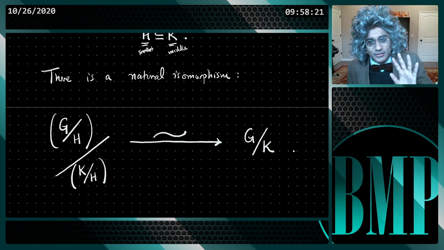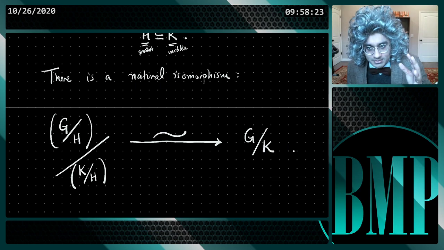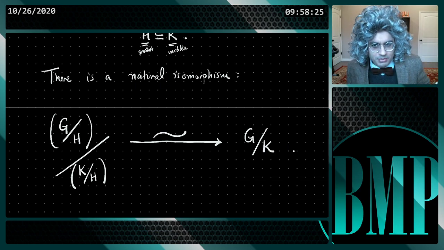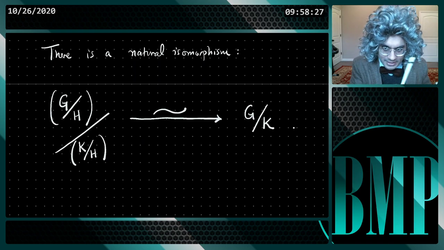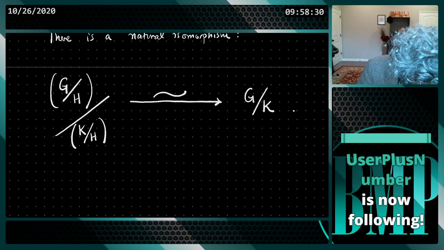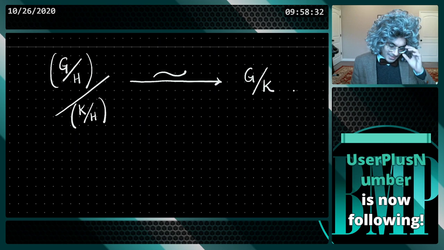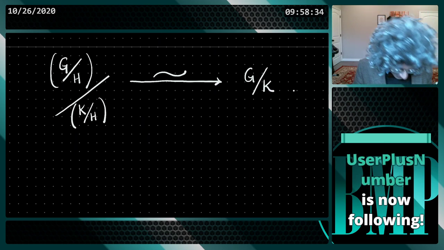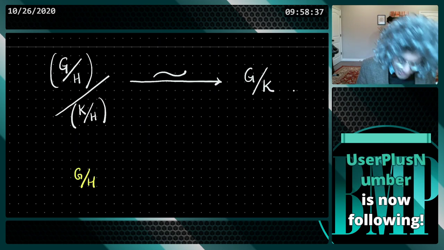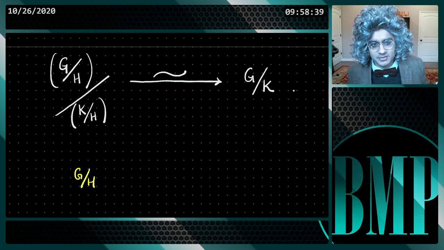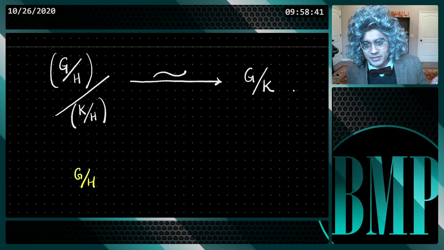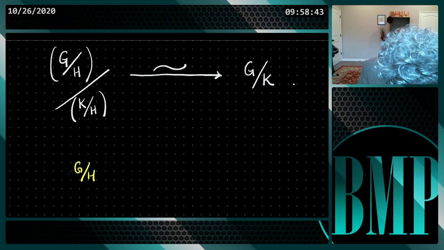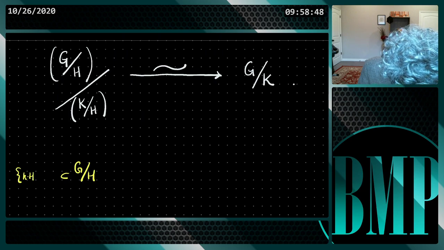I don't have to explain why the right-hand side makes sense as a group. I think I should probably say a word about why the left-hand side makes sense as a group. So look. Take a look at G mod H. What is G mod H? It's the group of cosets, right? So inside of G mod H, you can look at the set of cosets, which are like K times H's, as K varies in the intermediate group.